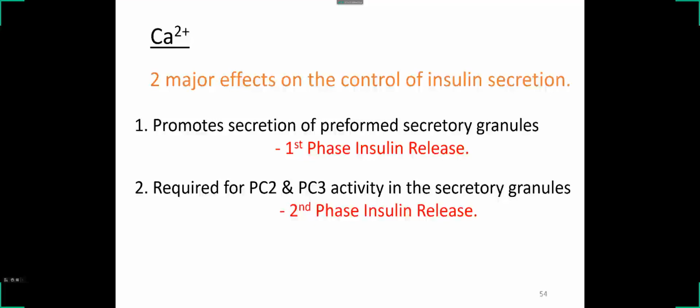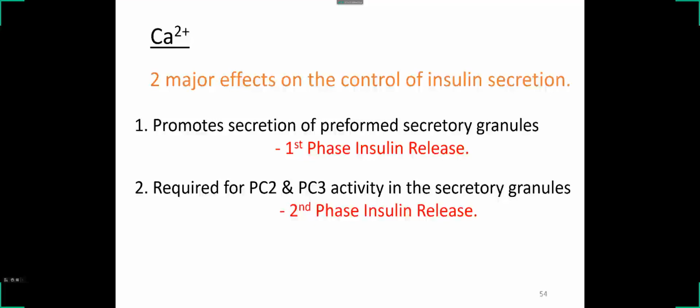You remember the PC2 and PC3? Those endopeptidases, which have activity within the secretory granules. And this activity is sensitive to calcium levels and is what does the processing of proinsulin to insulin.